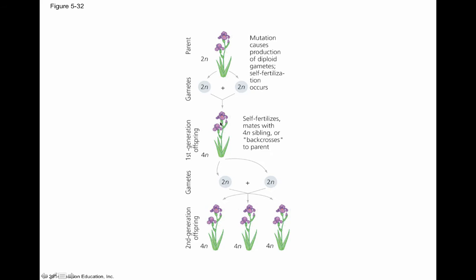So you can get immediate species formation because the new tetraploid individuals are of low compatibility with those of the ancestral diploid population. So there are a number of plant species where we've observed both occurring with one another. And this is very common, if not ubiquitous, in plants.